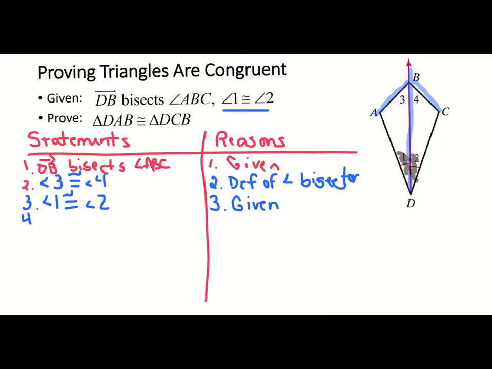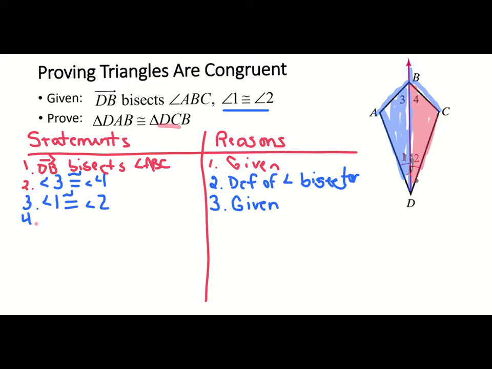So now this is where highlighting your triangles helps. I am proving that triangle DAB, this triangle right here, is congruent to triangle DCB. So I'm proving it congruent to this triangle right here. And the way to prove those triangles congruent, you have to look at your picture. Like, what other information do I know? And again, remember, it's easy, but it's hard. We got that reflexive property in there.